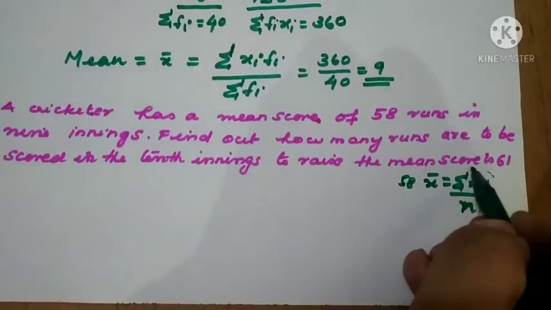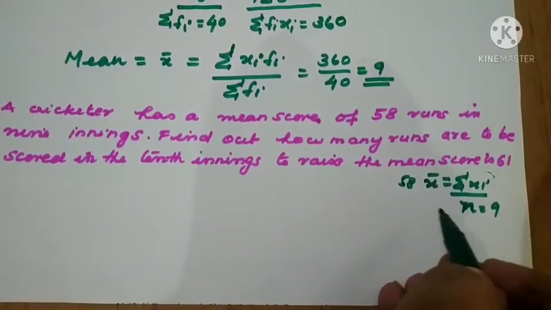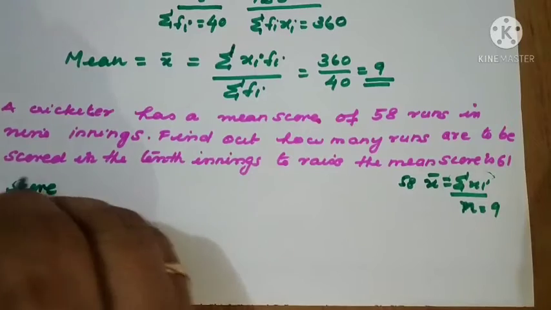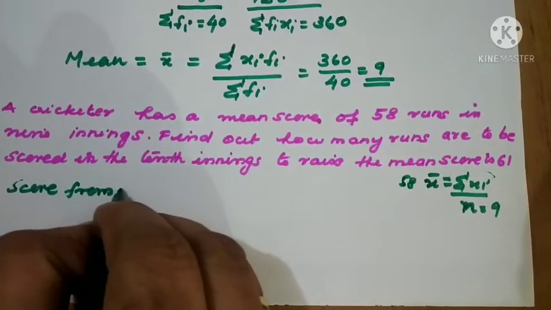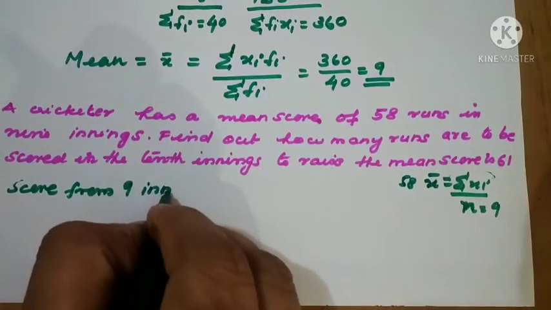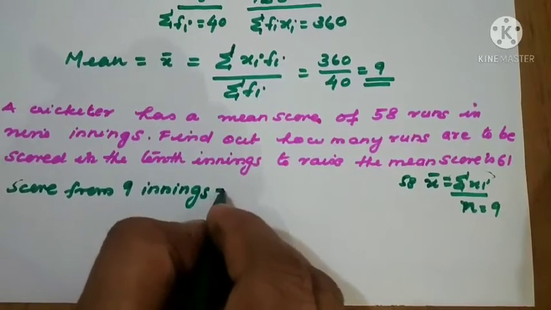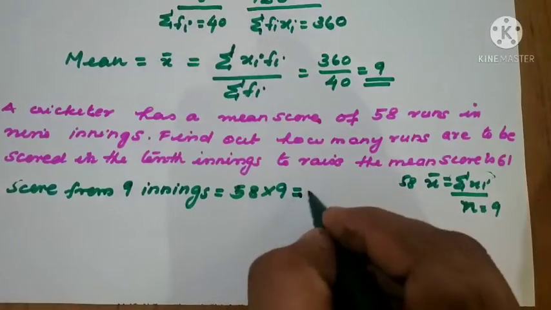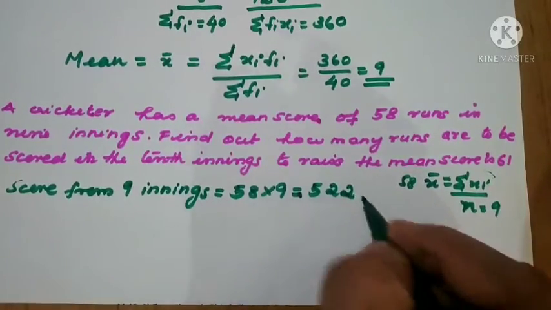This is the sum of all the scores, 9 scores only. So we write the score from 9 innings equal to 58 into 9. That means it is equal to 522.